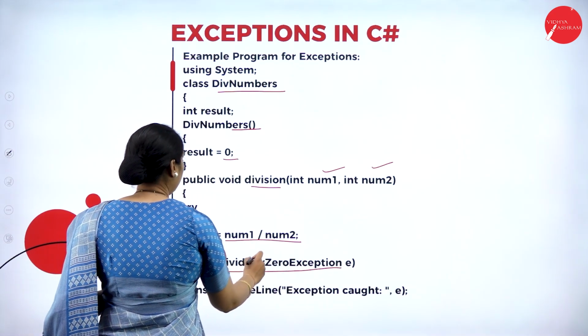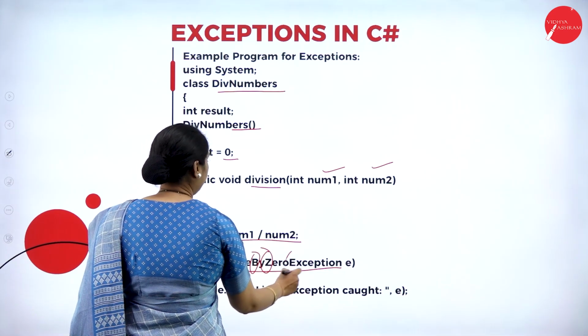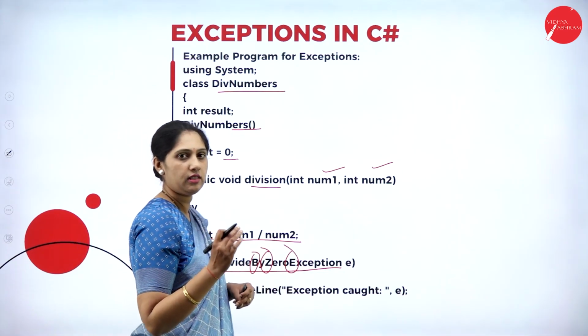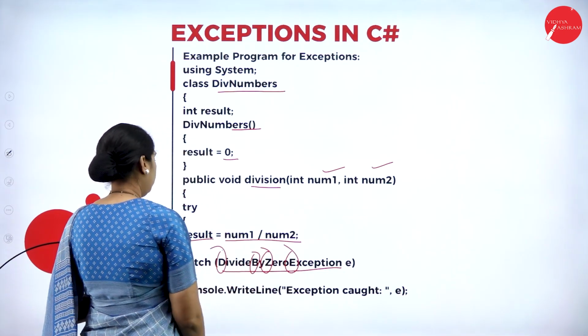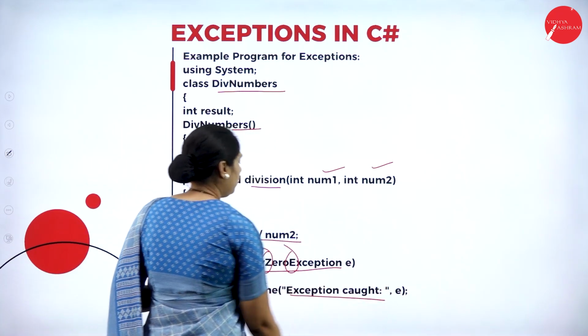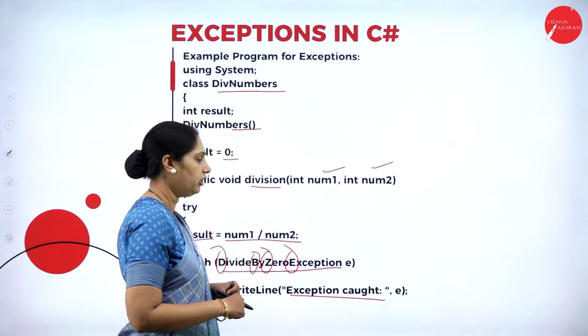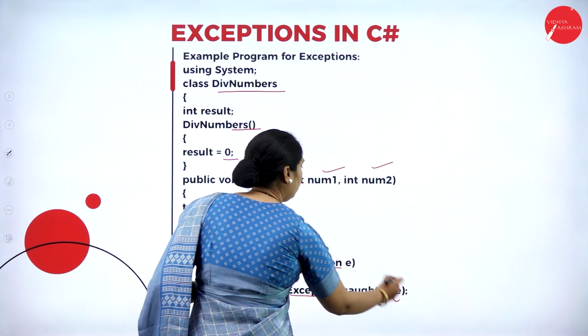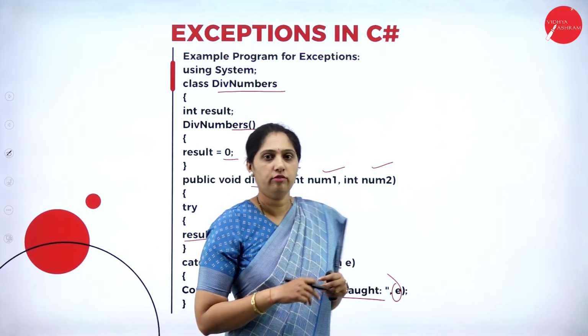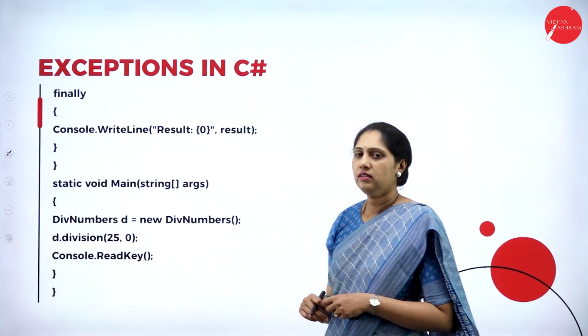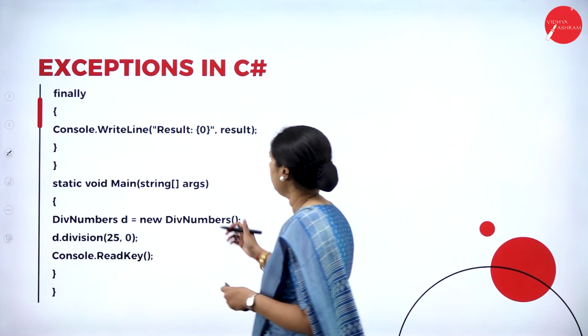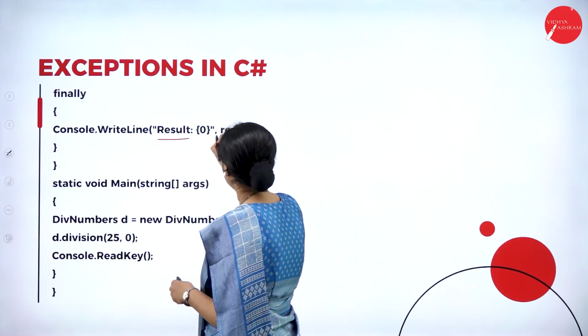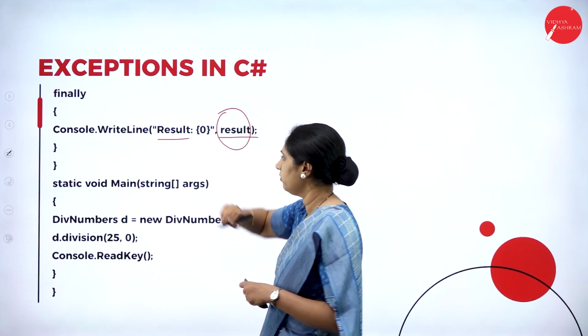D is capital, B is capital, Z is capital, E is capital. Instead of giving space, it is given as capital letters. Then here you have a message, exception caught, and the message is in the variable e, which is of type Exception. Last is the finally, just printing the message of the result, which is stored in this variable.